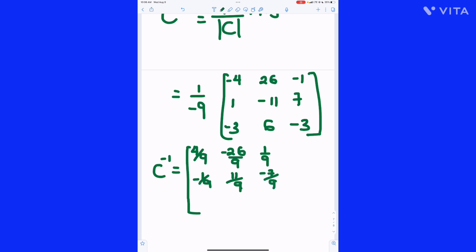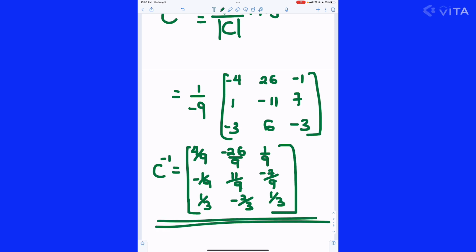On the third row, minus 1 over 9 times minus 3 will give me what? 1 over 3. Minus 1 over 9 times 6 will give me minus 2 over 3. Minus 1 over 9 times minus 3 again gives what? Plus 1 over 3. So this is the inverse of C.